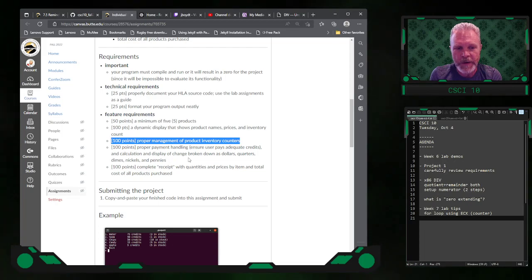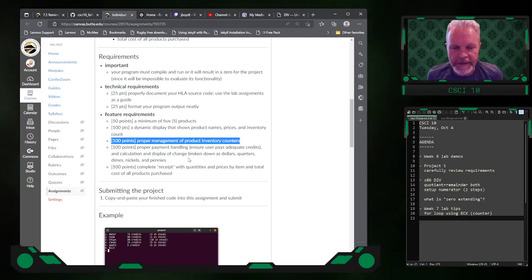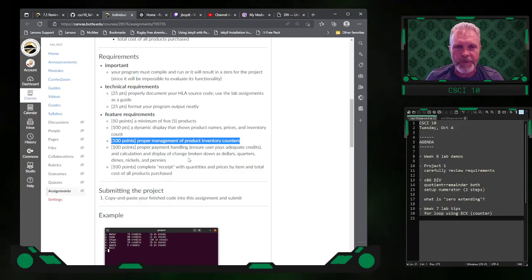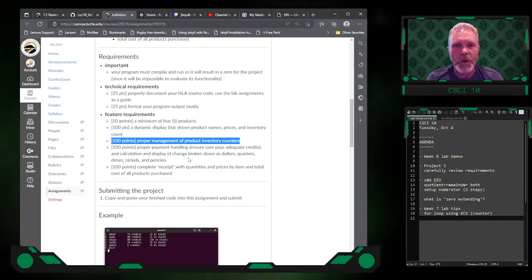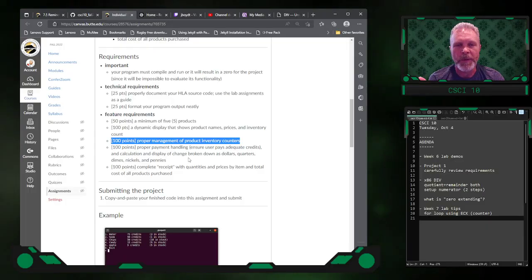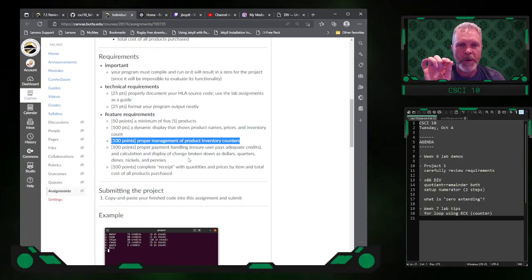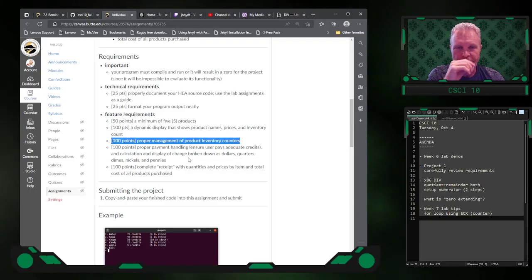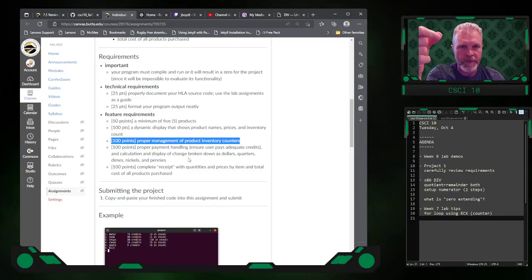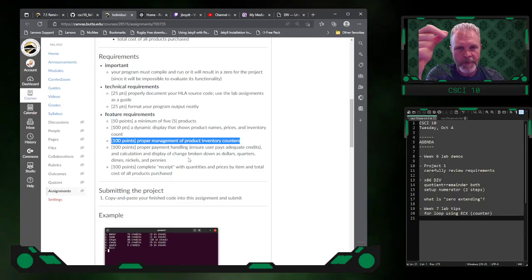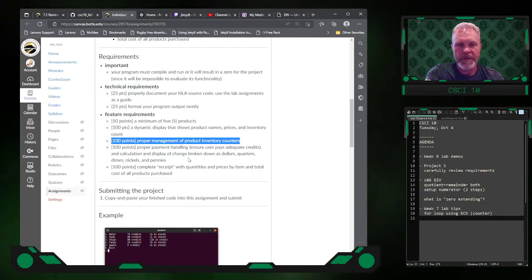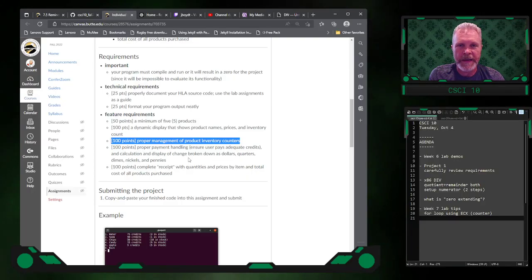The other place where the counters can affect your calculations negatively is if you're using them to compute a total at the end. Some people in this program will have a person buy an item, pay for an item, give them change if required, and then re-show the menu of items, and then they buy another item, they pay for the item, and then they are shown the menu again.